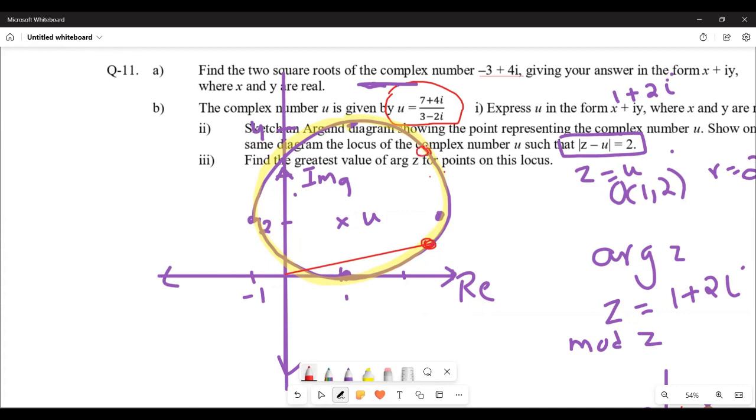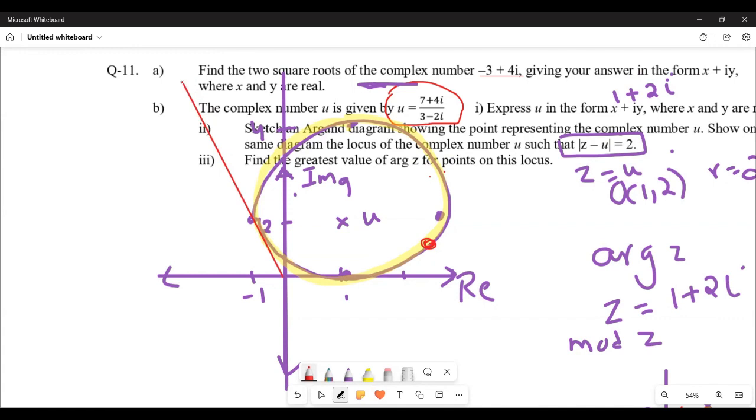What about this point? Here the angle gets bigger, it has a bigger argument. What about this point? Here the angle gets even bigger. So the greatest value of argument of z you'll get would be somewhere over here, either at this point. That will give you the greatest value of argument of z.